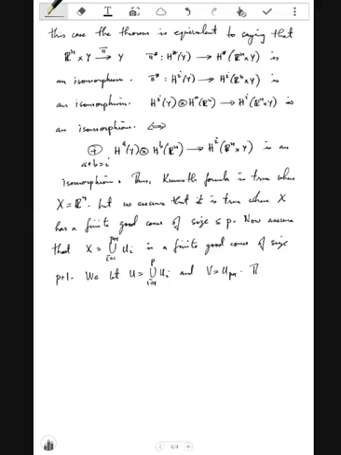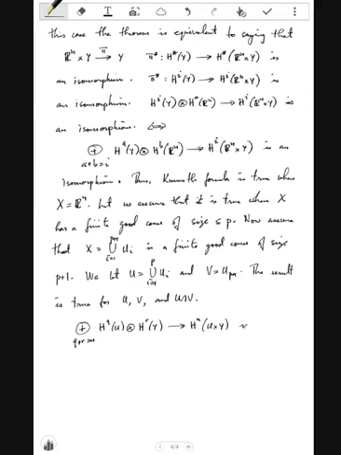So the result is true for U, V and U intersection V. So by this we mean that the direct sum over q plus r equal to n of H^q(U) tensor H^r(Y) to H^n(U cross Y) is an isomorphism.